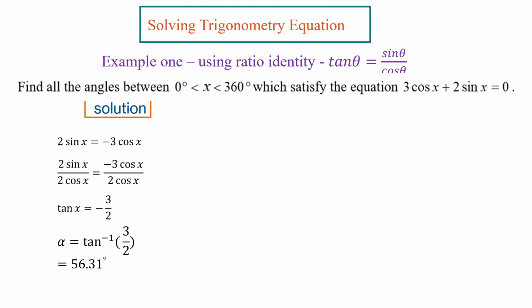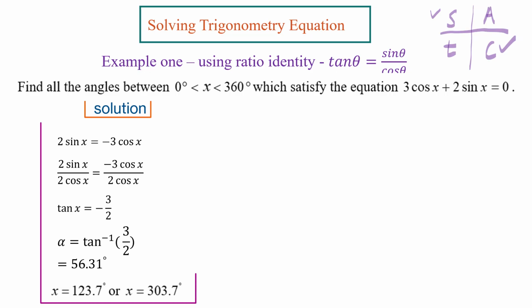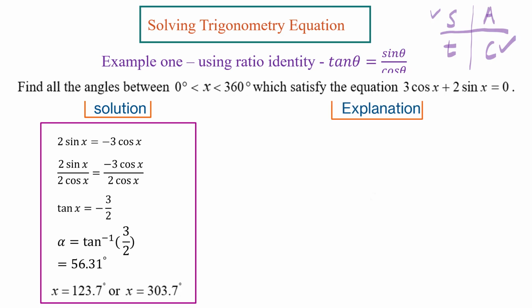Right, so let's go back to tangent x equals to negative 3 over 2. If you were to recall your ASTC, tangent is negative in the second and the fourth quadrant. Right, so how do we get x equals to 123.7 or x equals to 303.7?